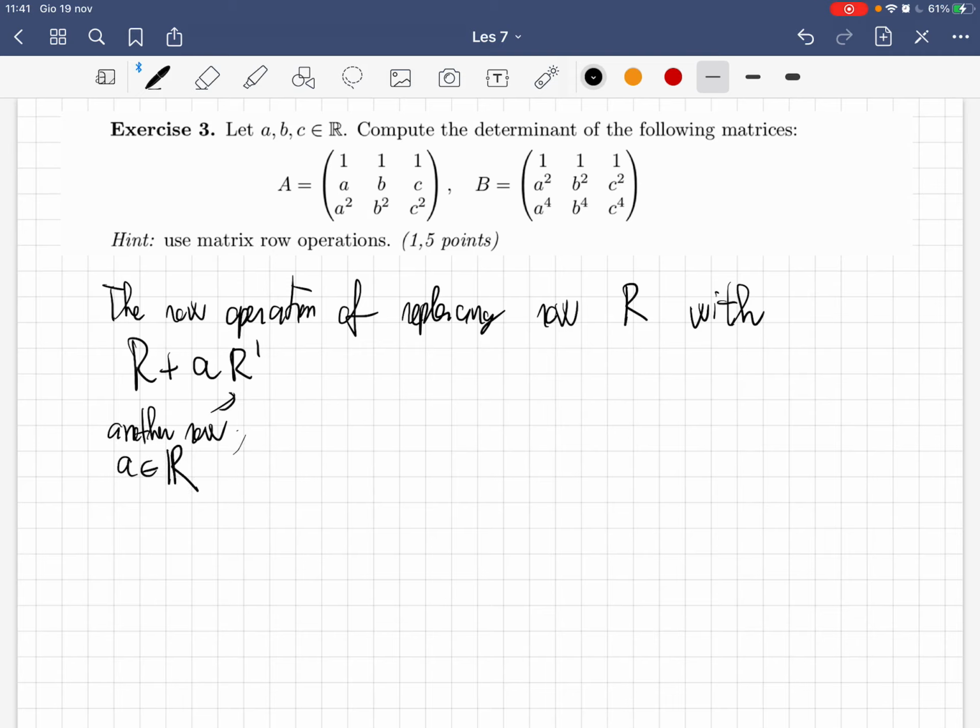And A is a real number. This does not change the determinant.